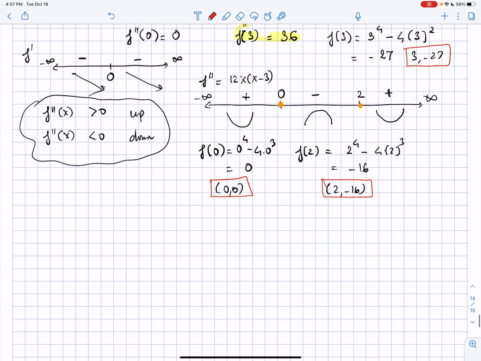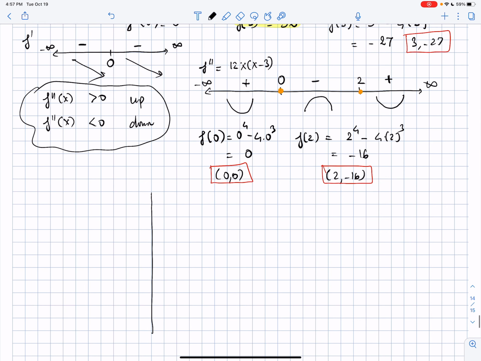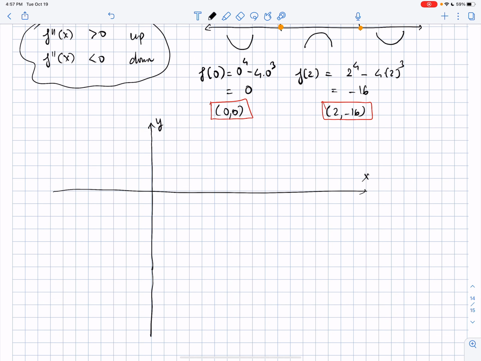Okay, now we will plot them. So we're gonna make this like -3, -6, -9, -12, negative 15, negative 18, negative 21, negative 24, negative 27.